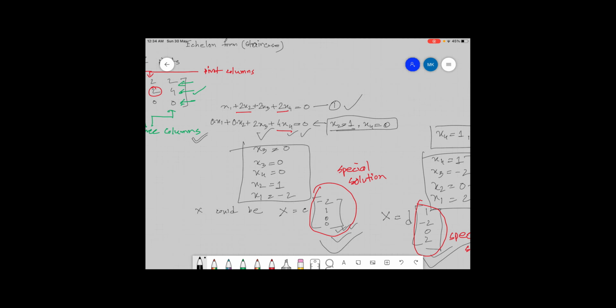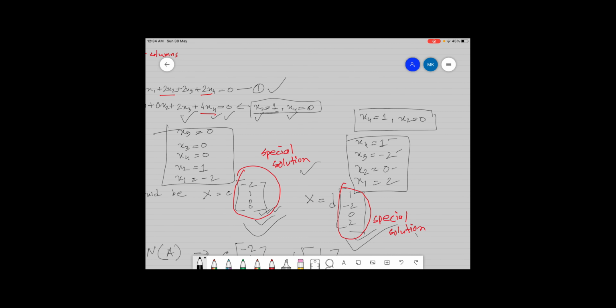In the case of x2 and x4, we assume 1 and 0 for two different cases of special solution, but in case of only one free column, there will be one special solution, and you have to assume the free variable as 1. If you take 0, you will get all zeros, which is automatically included in the null space. So this is the method of getting the null space of any matrix.